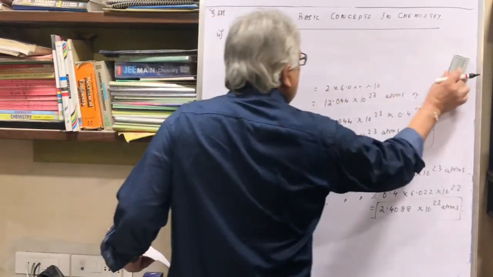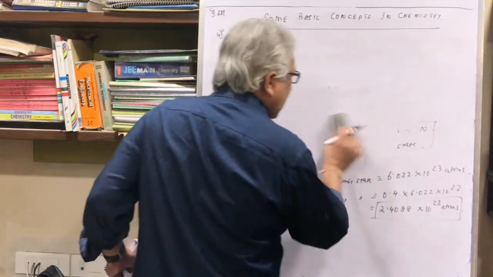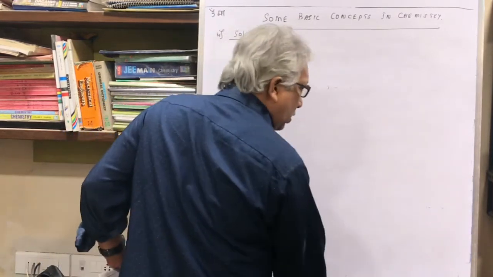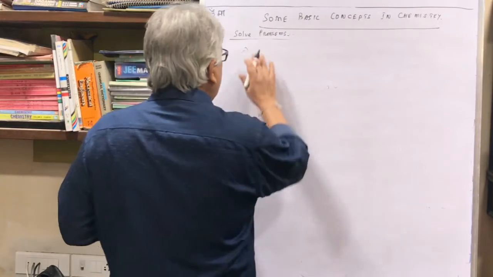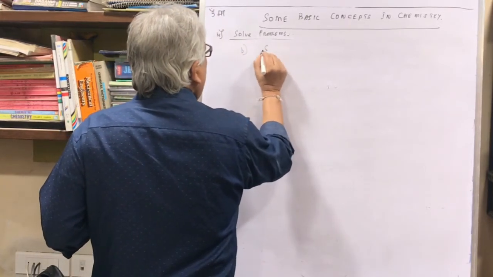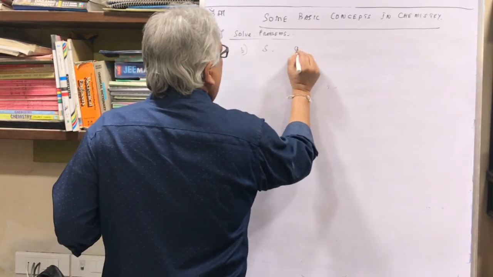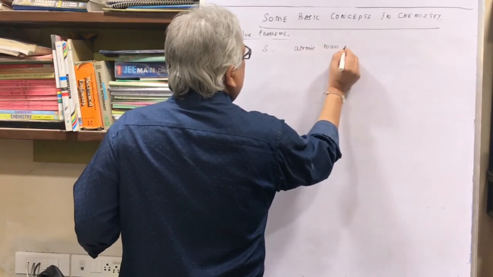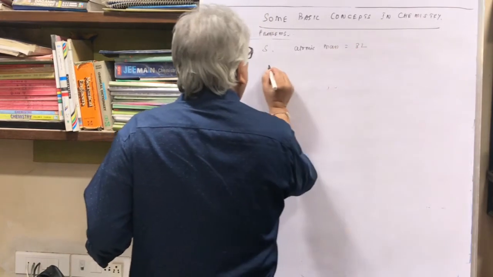Part B is sulfur. Sulfur, I will take it as S and not S8. Is that okay? That is how we universally take that. Sulfur we take as 32 only. So B, sulfur. Atomic mass is equal to 32.